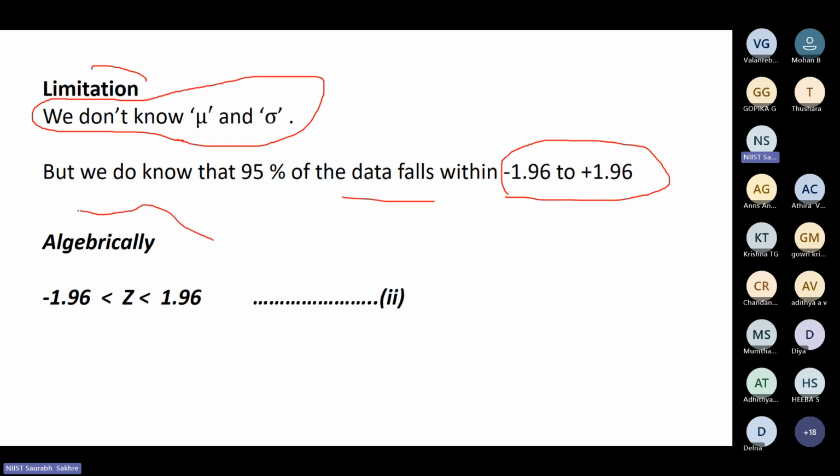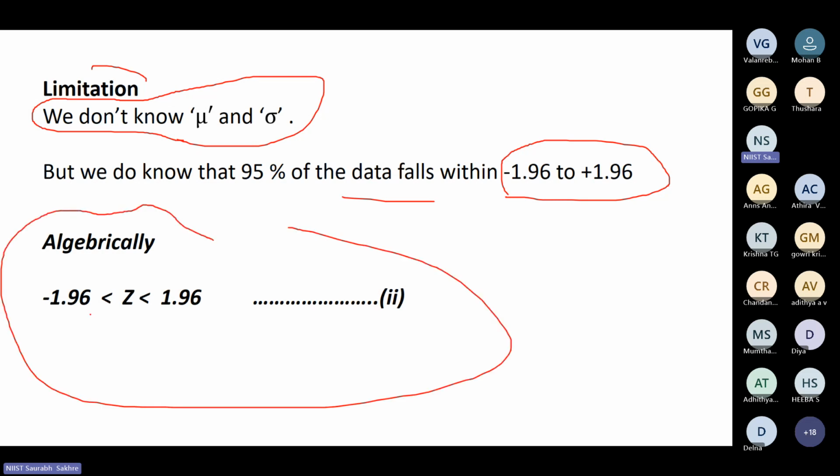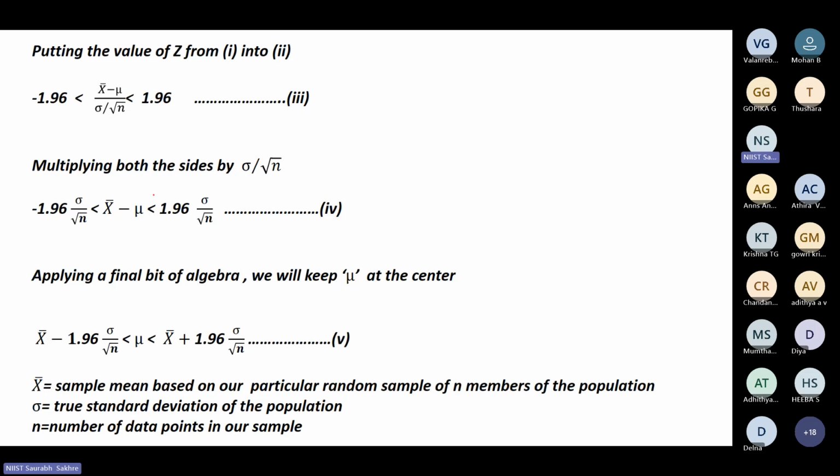From the algebra point of view, I should write minus 1.96 on the left side, z will be in between, and plus 1.96 on the right side, right? Then I have to replace my z from the formula I showed you last time: z equals x bar minus mu divided by sigma.